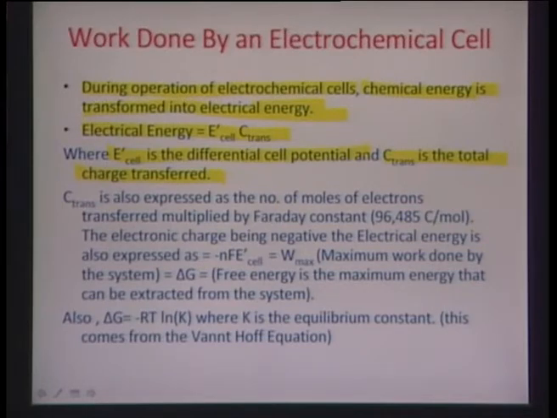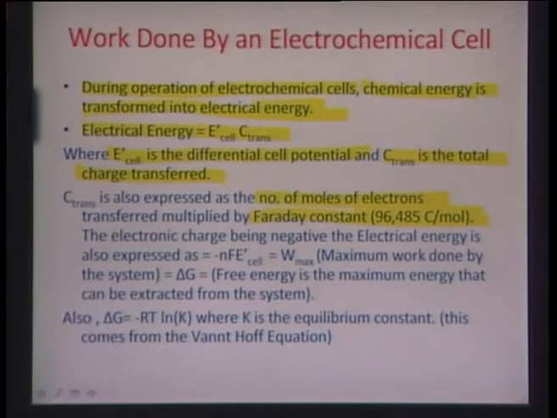We can also express this in a different manner by assuming that n moles of electrons have crossed from one electrode to another, and there is the famous Faraday constant, which corresponds to the charge of 1 mole of electrons.